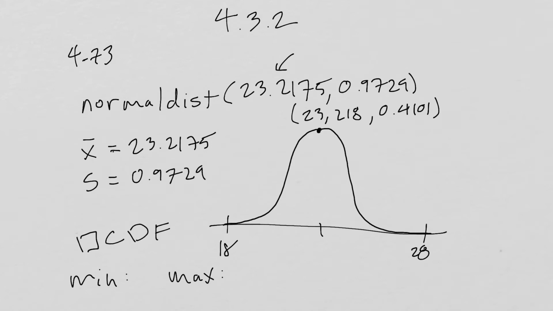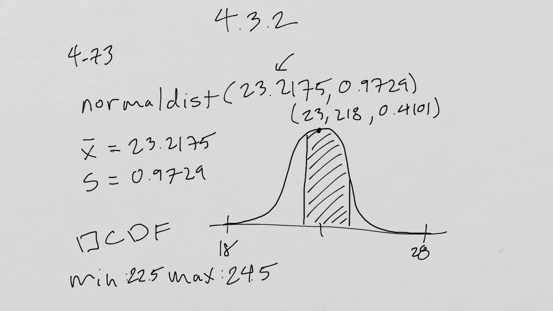If we plug in 22.5 as our min and 24.5 as our max, you'll see those get filled in on our graph on Desmos. You'll see a bar show up here and a bar show up here, and then it shades in that area.